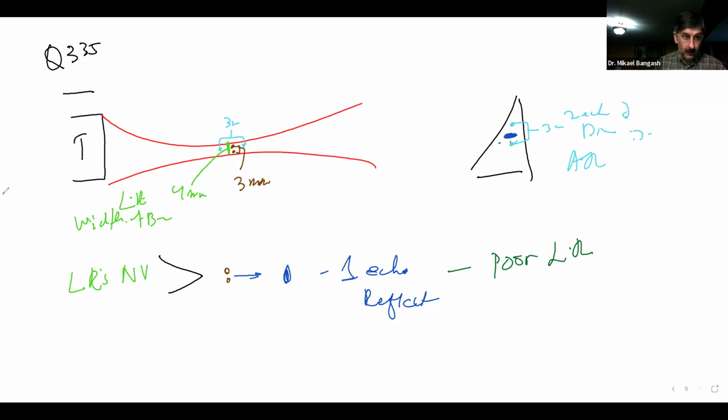Now this would be provided that your spatial pulse length was 6 millimeters or less.